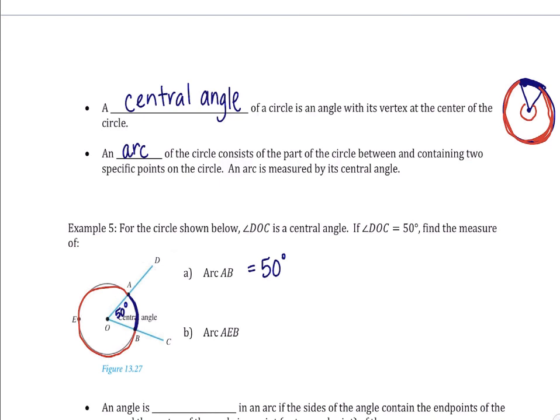So arc AEB is going to be 360 minus 50 degrees, or 310 degrees. So just like when we had supplementary angles, when we were dealing with lines, when we're in circles, we can have a similar idea, and an entire circle has 360 degrees.